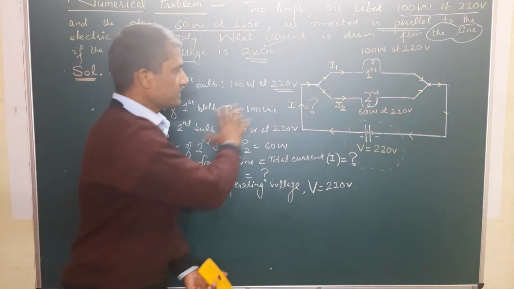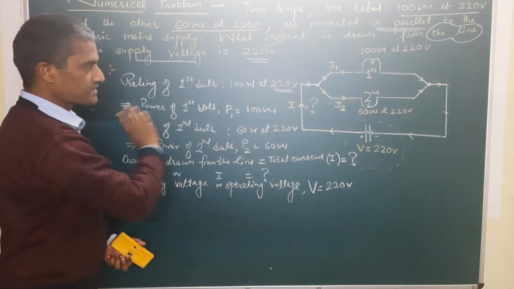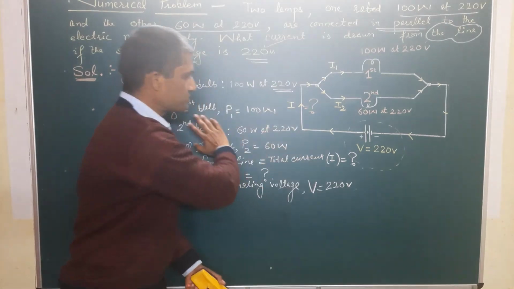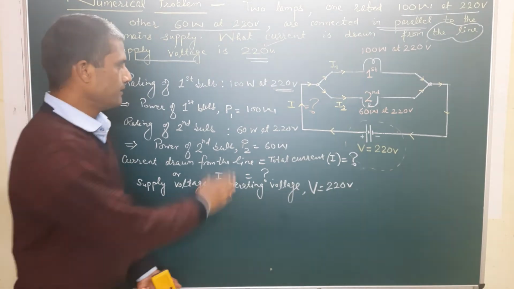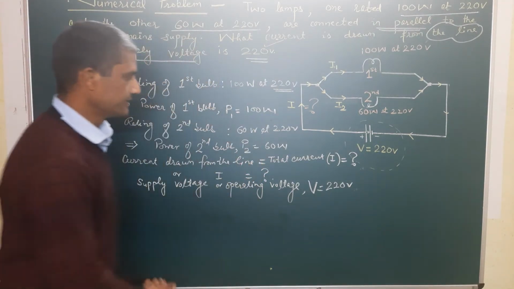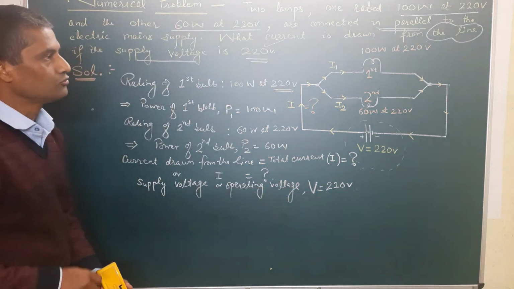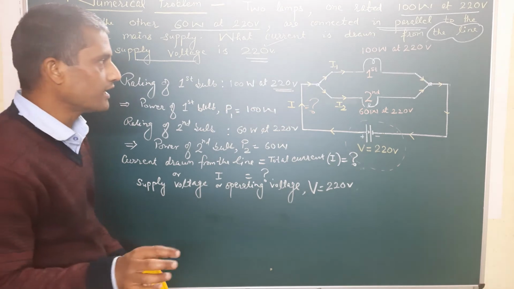So everything is there as far as the numerical problem is concerned. Firstly, write down what's given here. Secondly, watch the units. Units are the same here. Power is given in watt, and voltage in V. Okay, now we are going to apply the formula here.